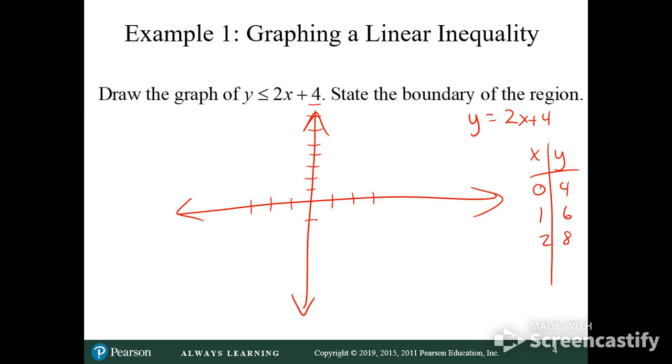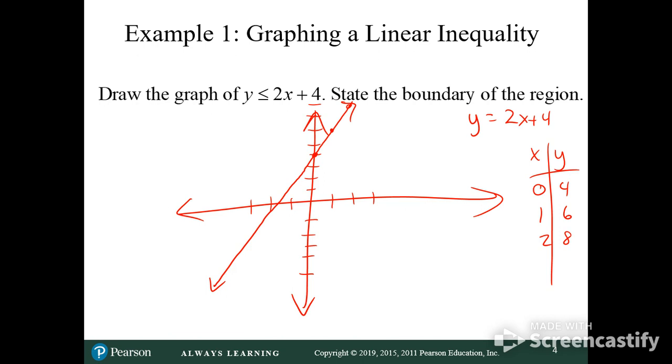Now, is it going to be a solid or dashed line, Raina? A solid line, because it's less than or equal to. So (0, 4), (1, 6), (2, 8). Going like that.